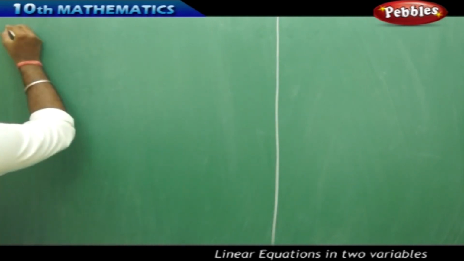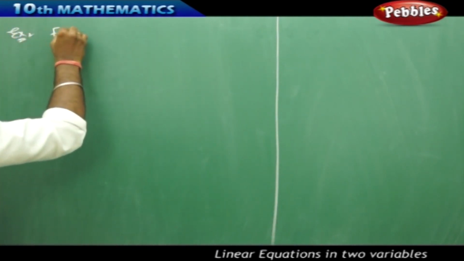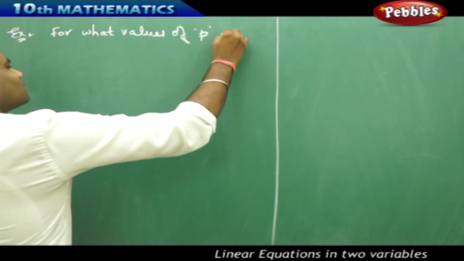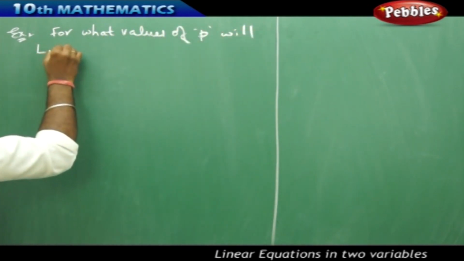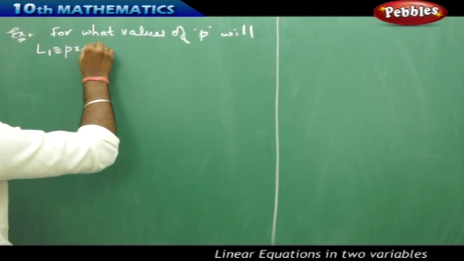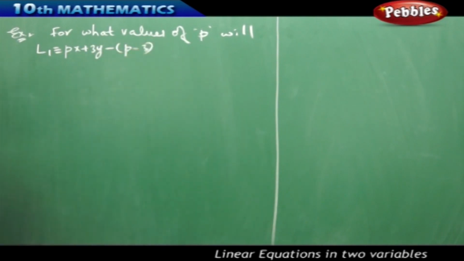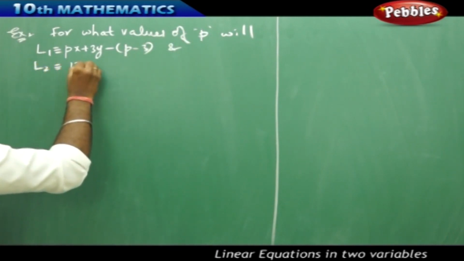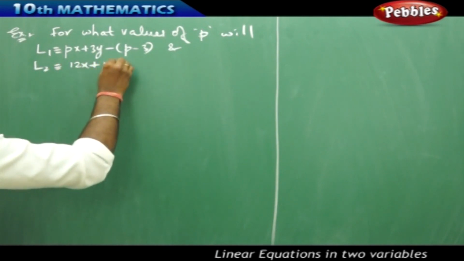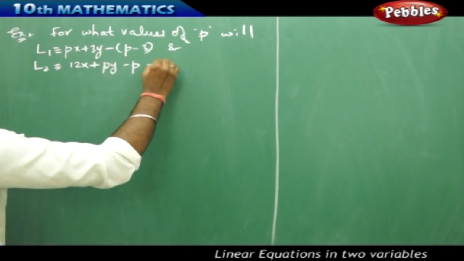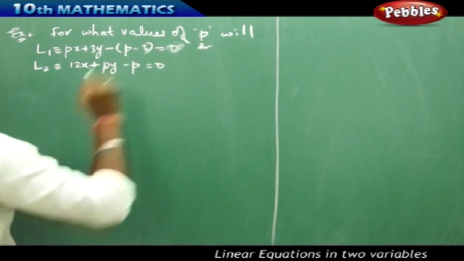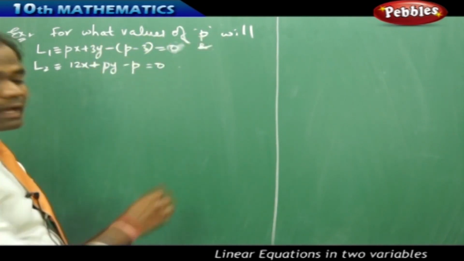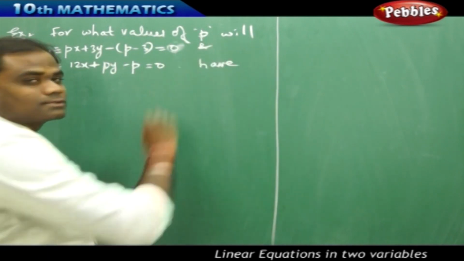For example, I have a problem which says: for what values of p will the lines, the first line here is px plus 3y minus p minus 3 equal to 0, and my second line L2 is 12x plus py minus p equal to 0, have infinitely many solutions? That is the question.